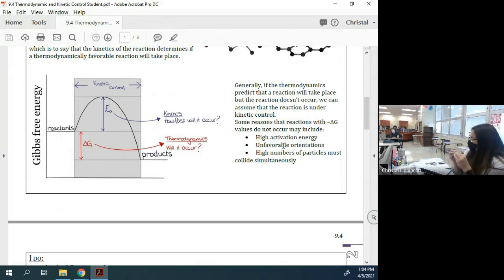Remember, we talked about those orientations. In order for things to work, for the molecules to come together, they have to be oriented so that they bump together right. If I try to go like this with two molecules, it doesn't work. So the orientations have to be correct.